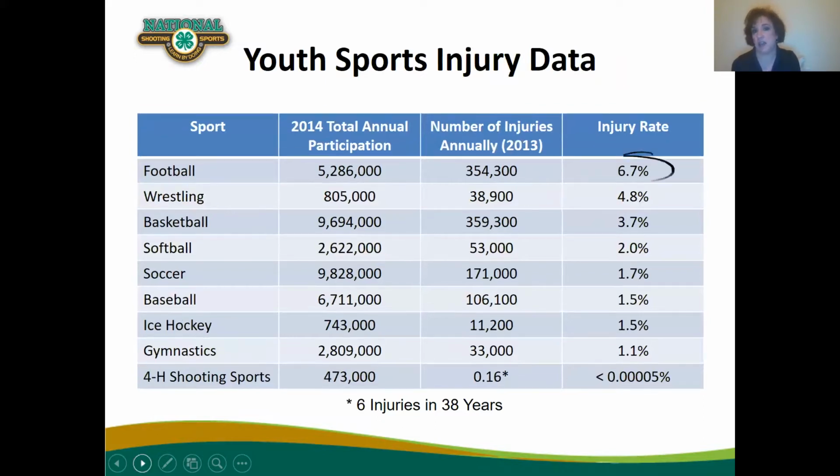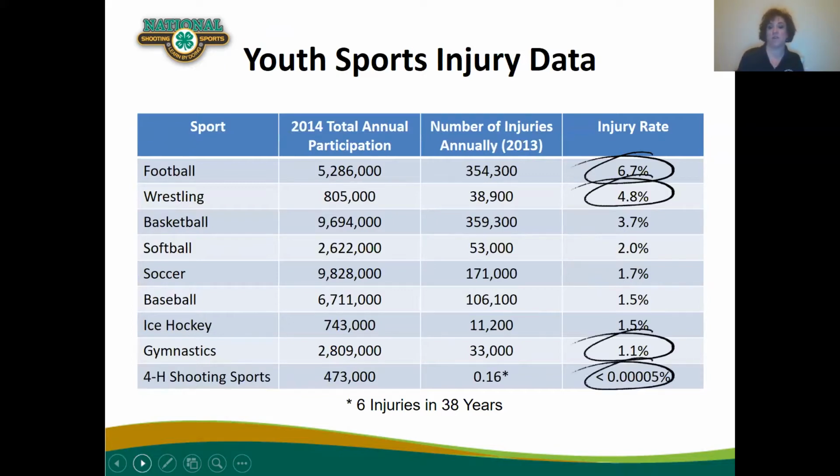As you can see, sports like football and wrestling have the highest injury rate of all youth sports. And on this list, gymnastics and 4-H shooting sports have the lowest injury rates of the sports listed on the table, with 4-H shooting sports by far the lowest rate.